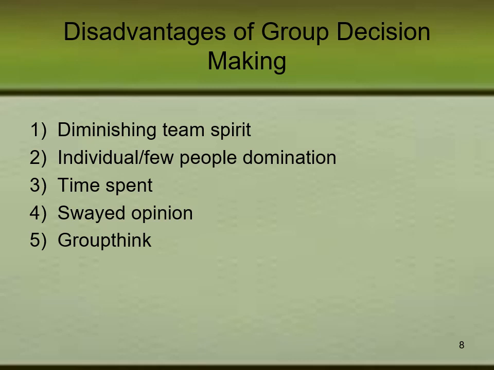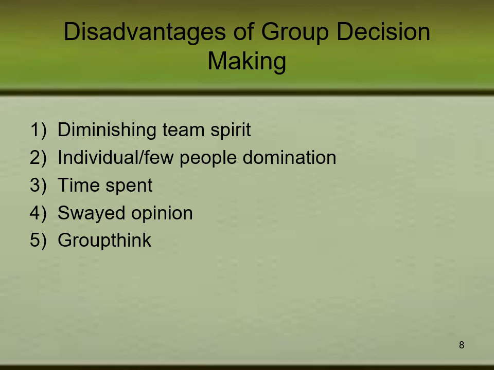And the last disadvantage is groupthink. Groupthink is a situation where the group is giving priority to cohesiveness or to the relationship rather than to the group goal. So when groupthink occurs in group decision making, there will be less critical evaluation of ideas. Decisions made in the group will only focus on the harmonious relationship among members.